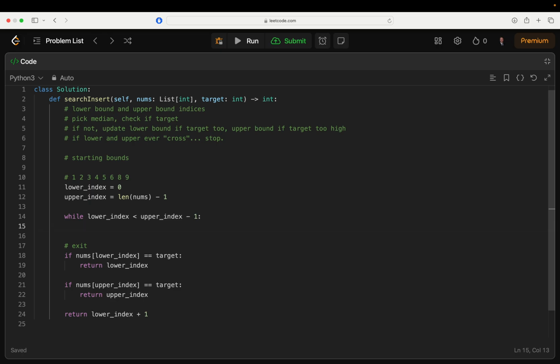Okay, while lower index is less than or equal to upper index minus 1, middle equals lower index plus upper index minus lower index, floor divided by 2.